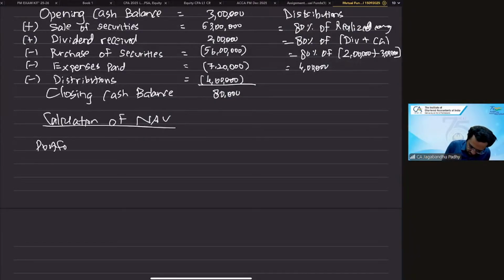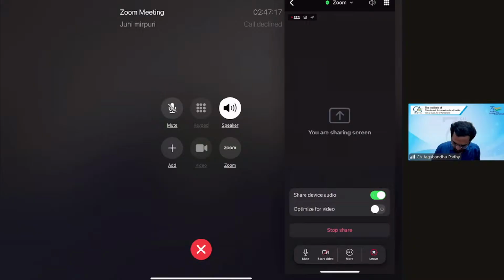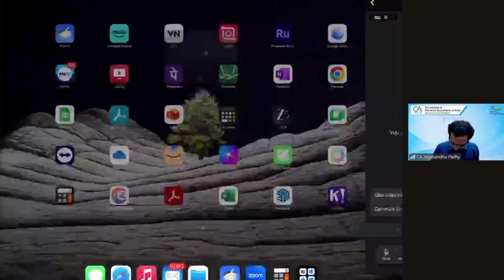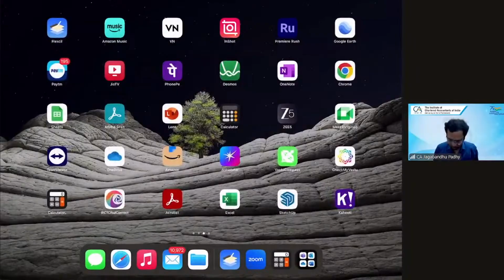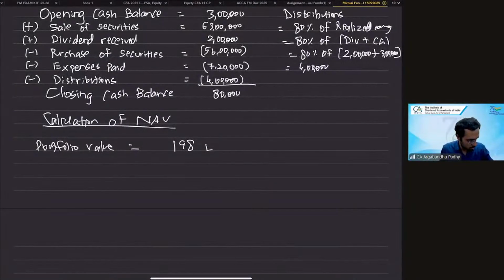Portfolio value. What is the portfolio value given in the question? 198 lakhs. Right. Portfolio value is 198 lakhs.